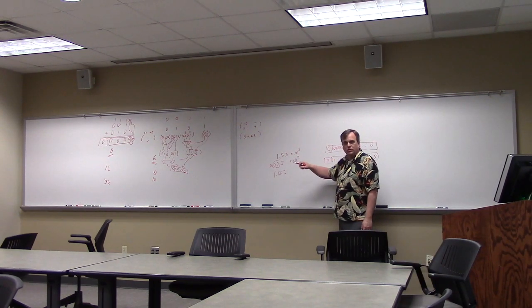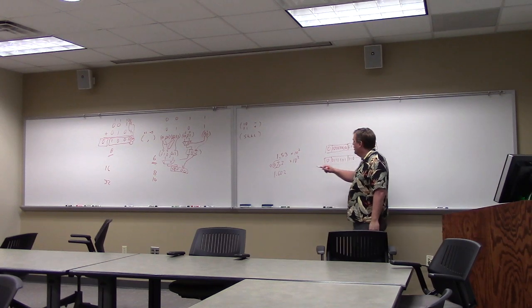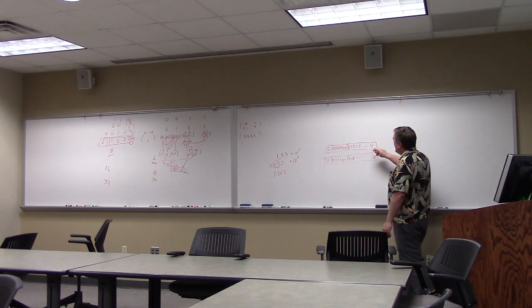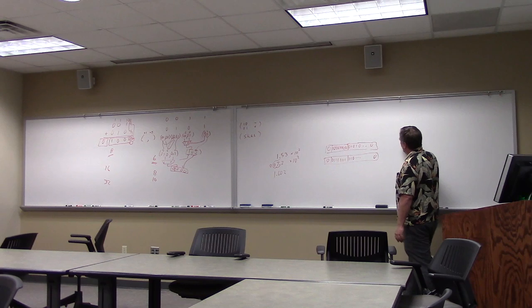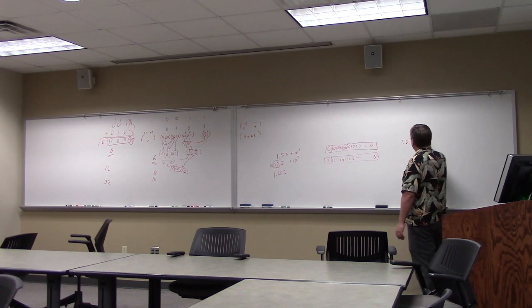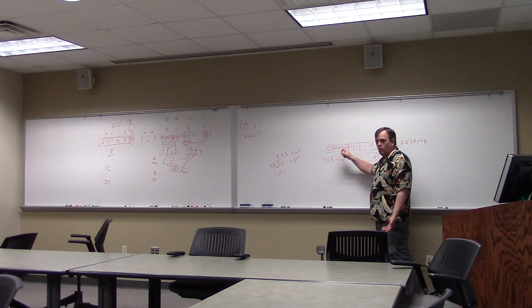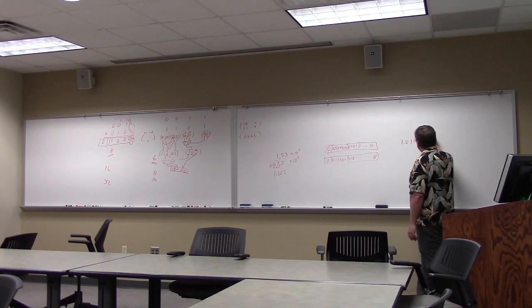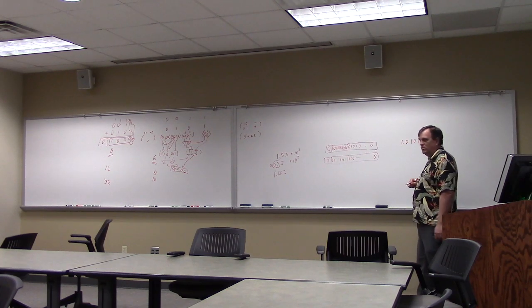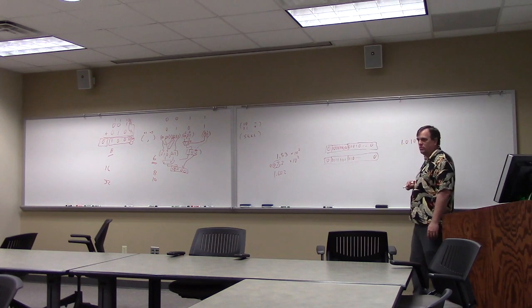So the number that I'm adding is 1.0101 times 2, and just like we said, we knock 127 off it, so times 2 to the 3rd. That's what that number is.